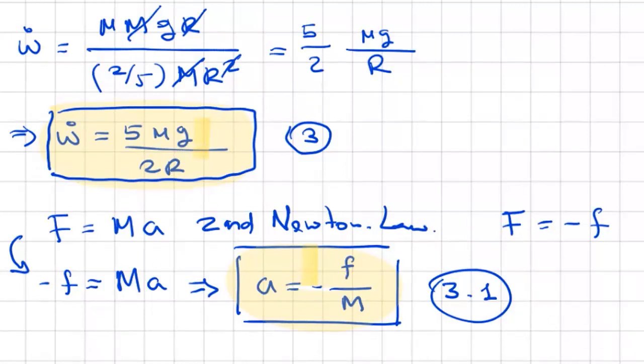Well, let's talk about something: the rotation velocity of the ball. The velocity for the rotation when the ball is rotating can be calculated using equation number 3, because we know that on equation number 3 we have the angular acceleration.